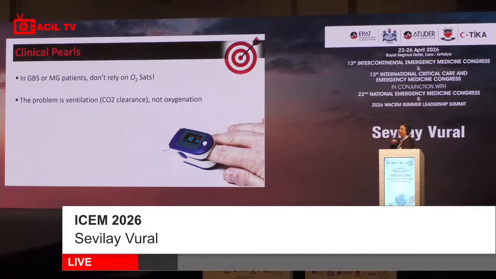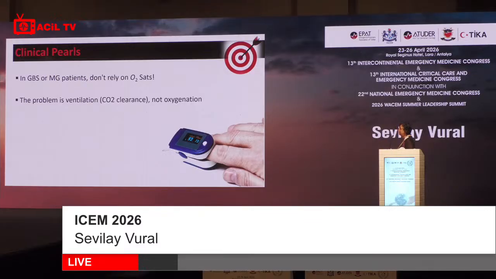Clinical pearls for today, for stabilization and resuscitation of unstable patients: please do not decide based on just peripheral oxygen saturation in neuromuscular pathology patients, because the problem is ventilation in these patients, that is carbon dioxide clearance.